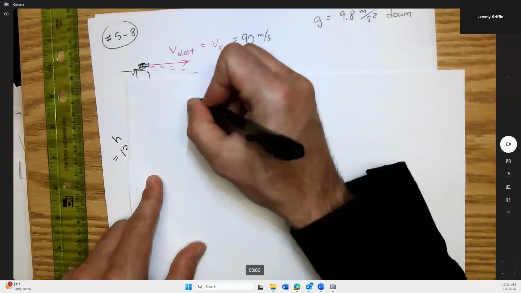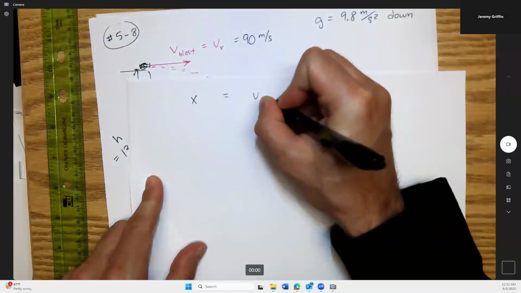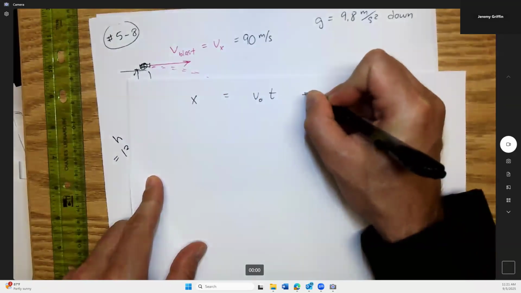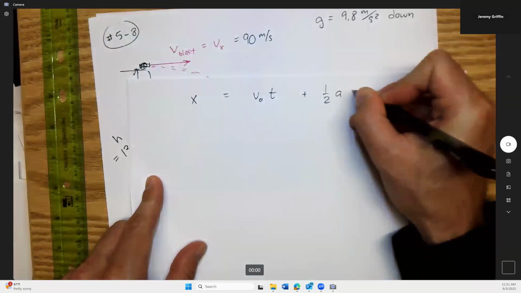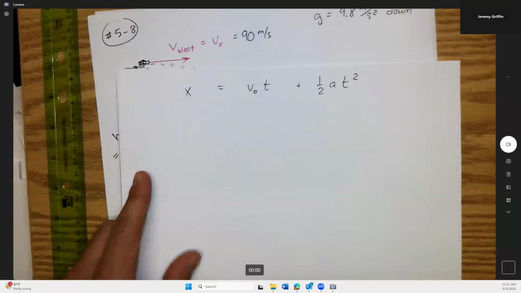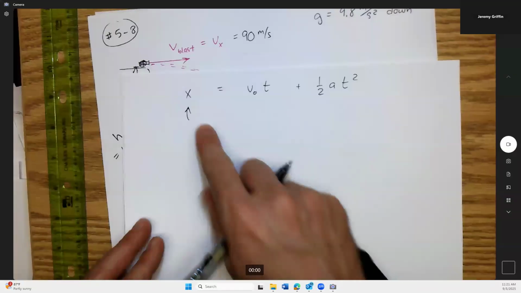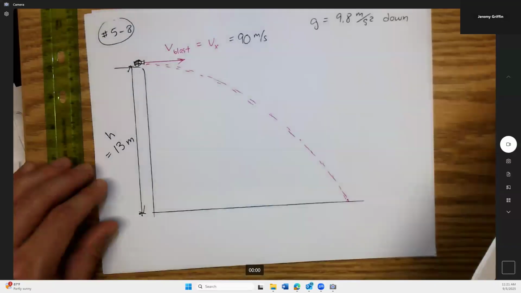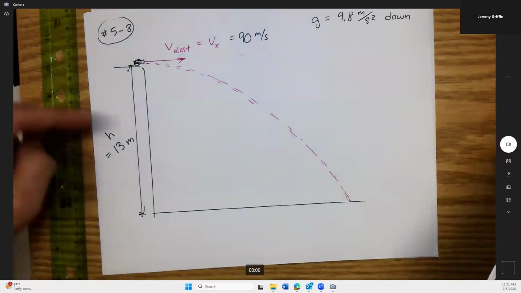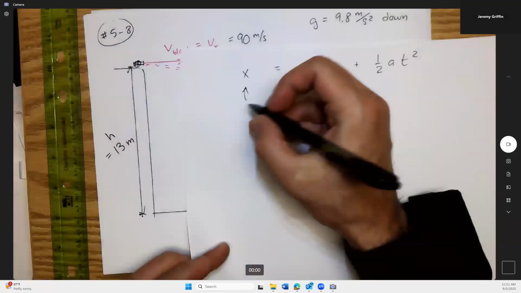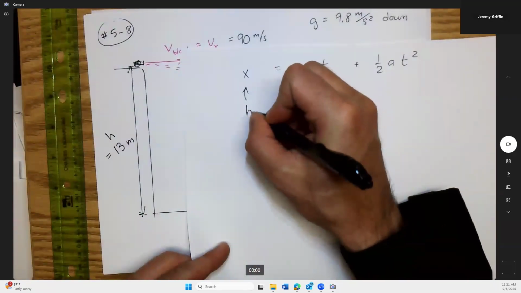Now straight from the poster, it looks like displacement equals initial velocity times time plus 1/2 acceleration times time squared. That's straight from the poster, isn't it? We're going to modify it for this situation. Guys, what displacement am I talking about on this picture? The height of the cliff. So as a variable, I could call it h, right?